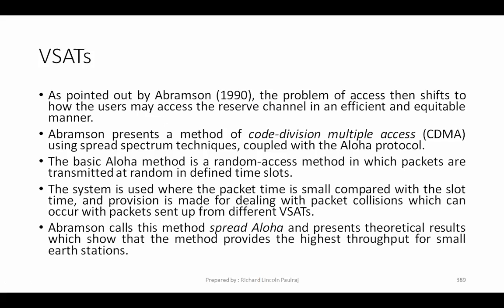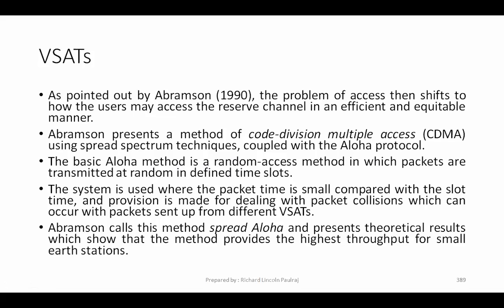Not only that, he presented a method of CDMA using spread spectrum techniques, which is coupled with the Aloha protocol. So what is this Aloha protocol? It's a random access method in which packets are transmitted at random in defined time slots.